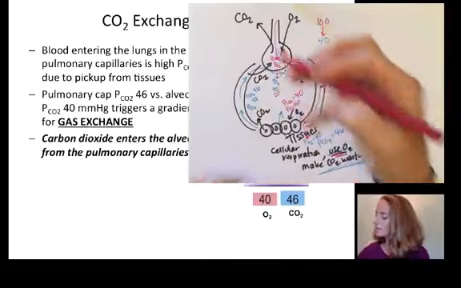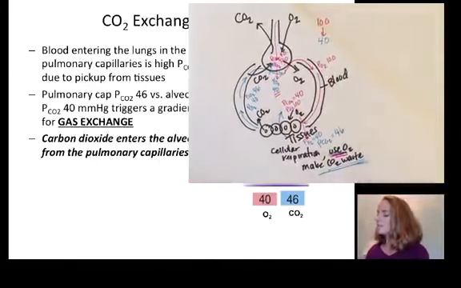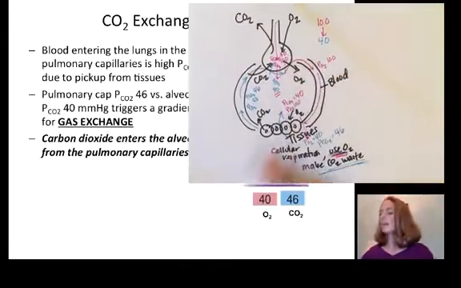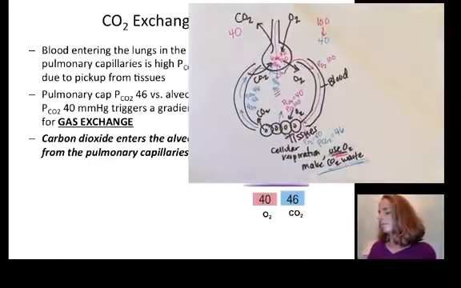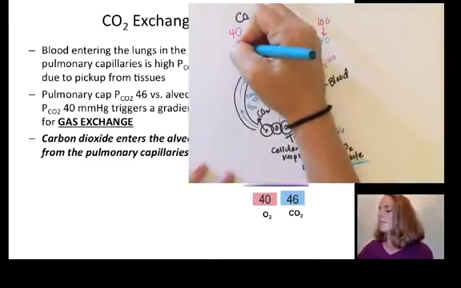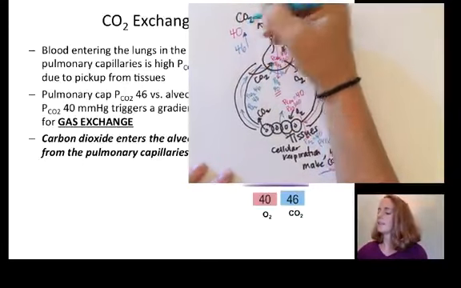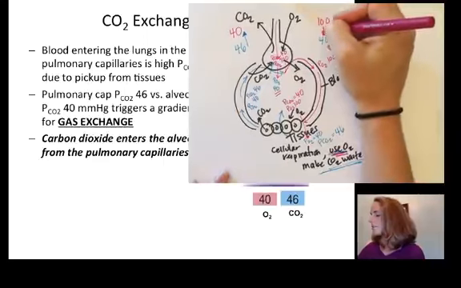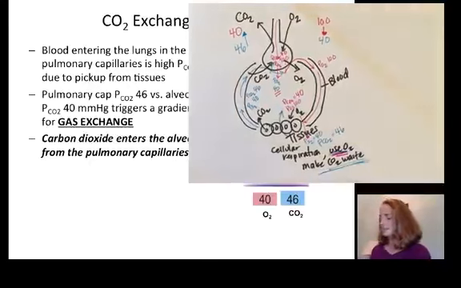And now that CO2 is going to move from the systemic capillaries into the lungs. So the numbers you need to remember for carbon dioxide are 40 and 46. And the direction for carbon dioxide is out of the lungs and out of the tissues, whereas the direction for oxygen was into the blood and into the tissues.